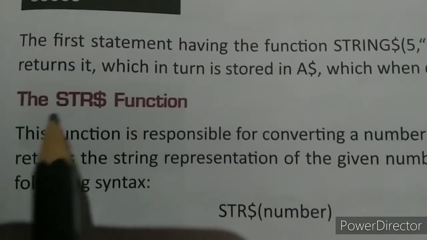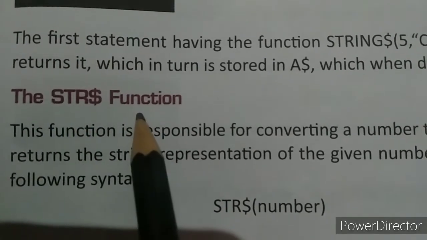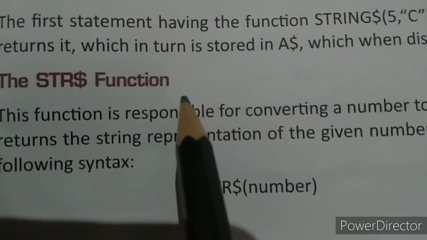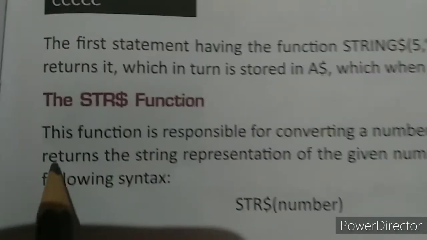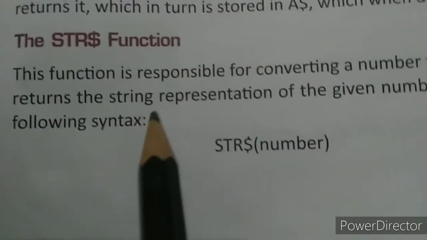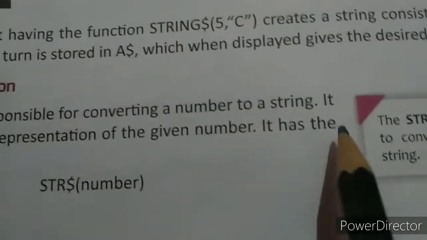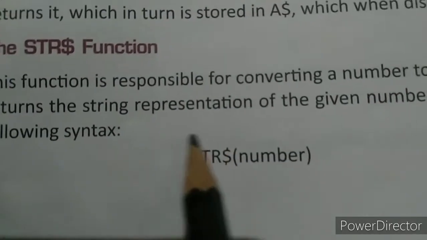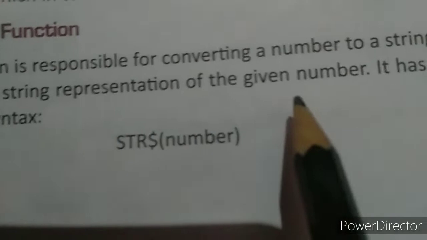Now here another function is the STR$ function. This function is used to convert a number into a string. So let us see how it works. This function is responsible for converting a number to a string. It returns the string representation of the given number.